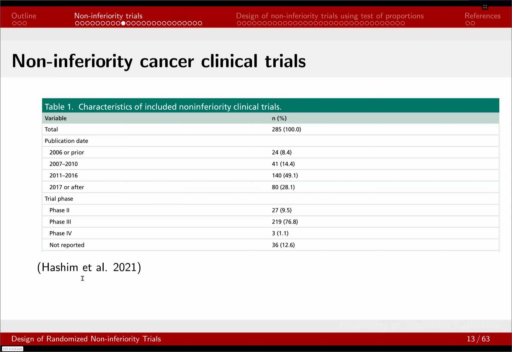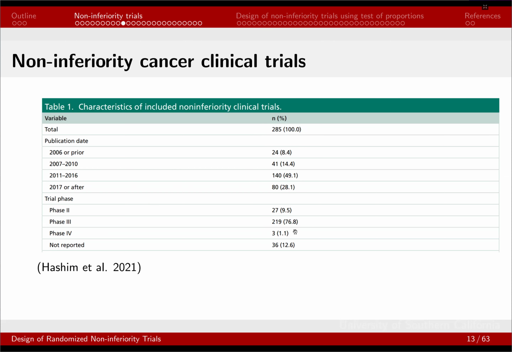Hashim et al. 2021 conducted a more recent systematic review of non-inferiority trials. They also focused on adult randomized clinical trials. They searched in PubMed, and as of 2019, there were a total of 285 publications that met their inclusion criteria. The majority of those trials were published after 2010, and there is clearly an increase in the number of non-inferiority trials in recent years.